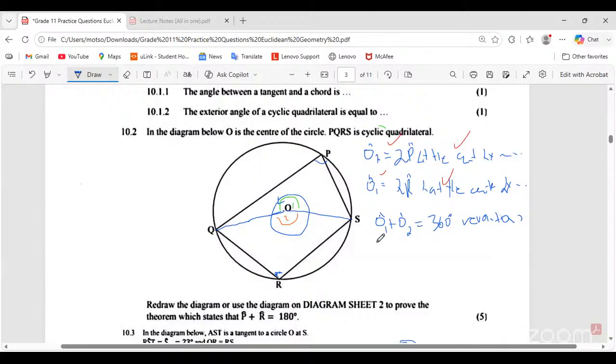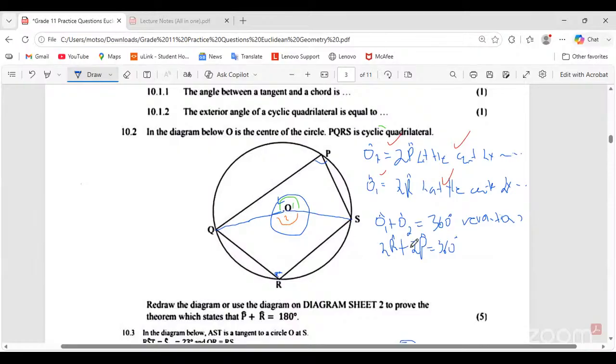What is O1? It is 2R. What is O2? It is 2P. So 2R plus 2P is equal to 360 degrees.